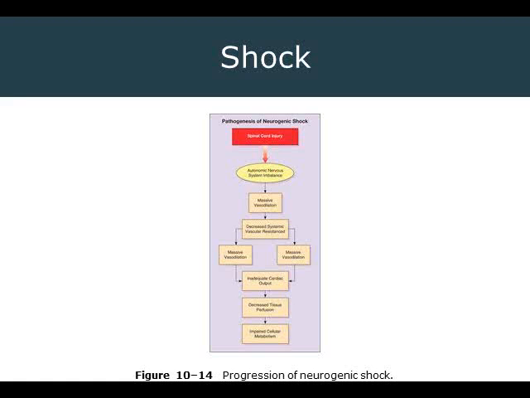What we have in a neurogenic shock, that picture is on 253 in your text, is a spinal cord injury, which leads to the autonomic nervous system imbalance.